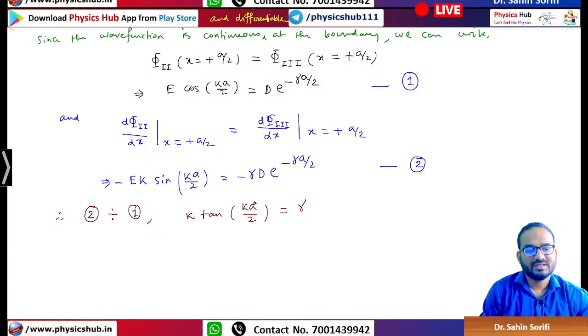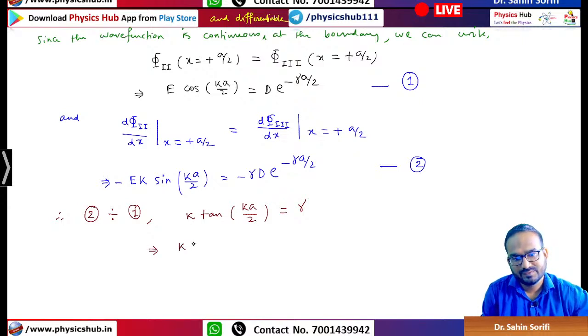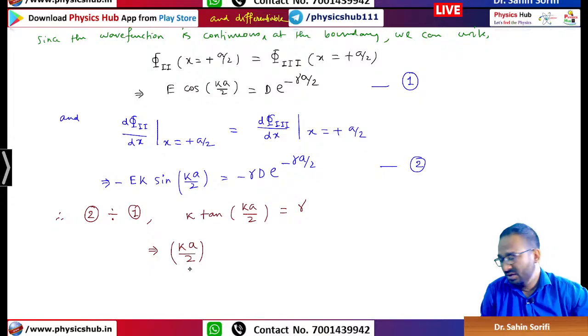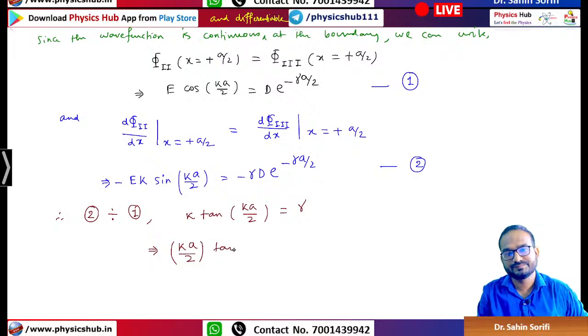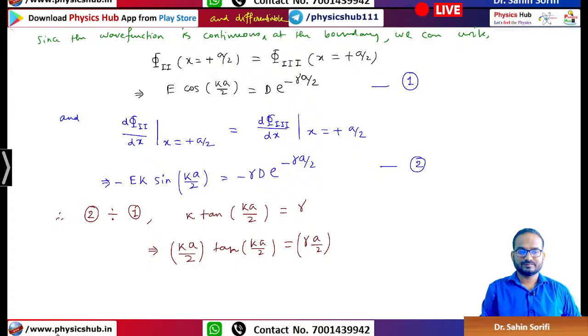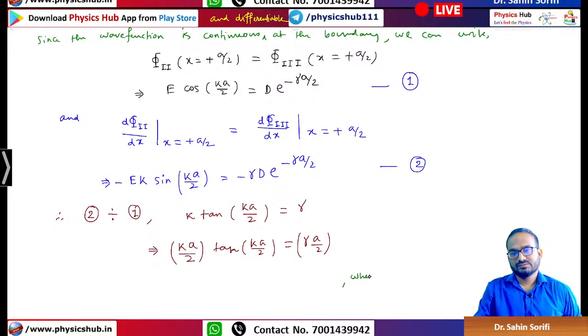Now you see here ka by 2 is there, here only k is there. So what if you multiply a by 2 on both sides? So gamma along with a by 2 we have multiplied on both sides. Now we are defining two terms.